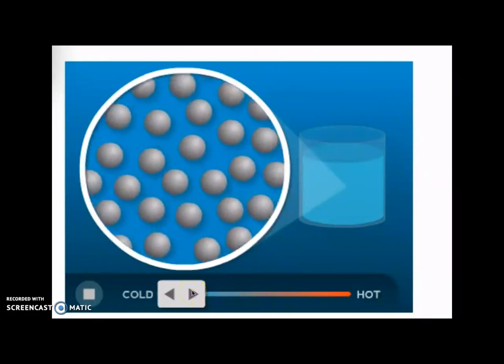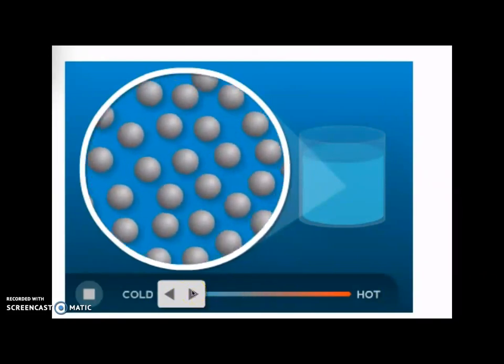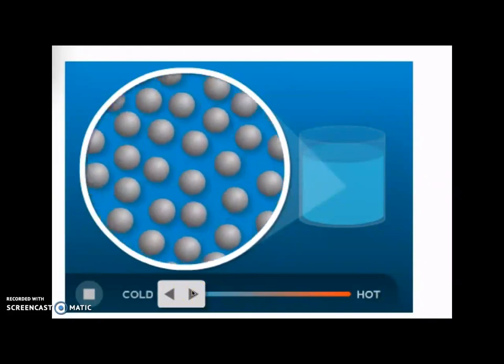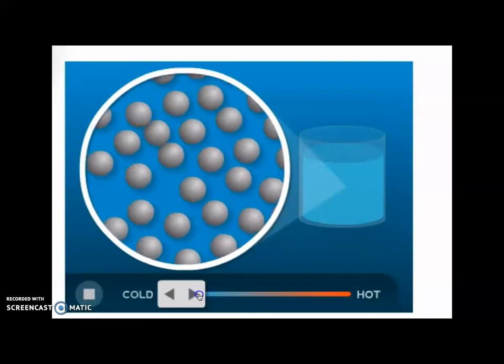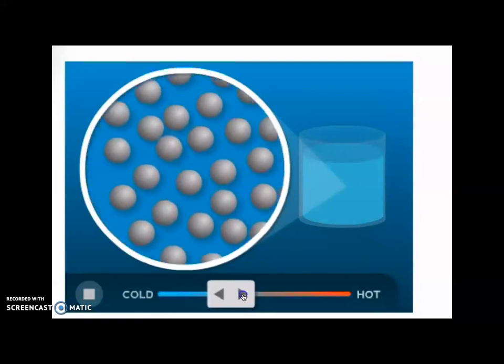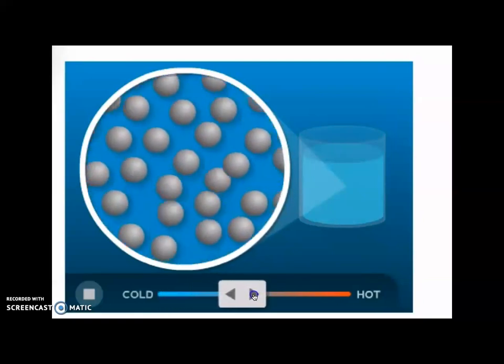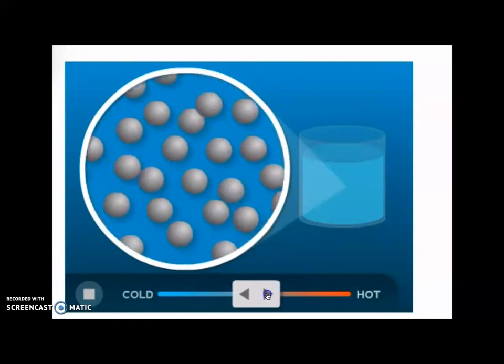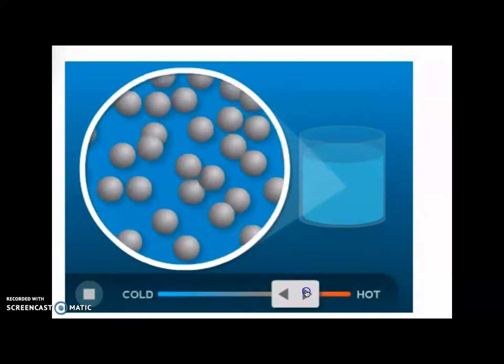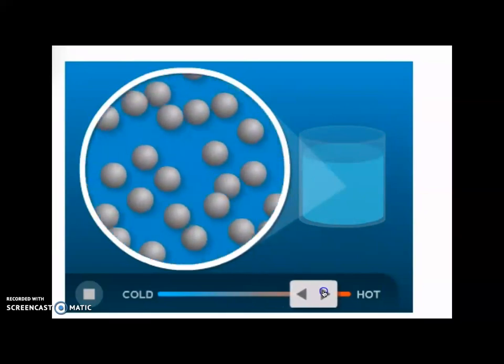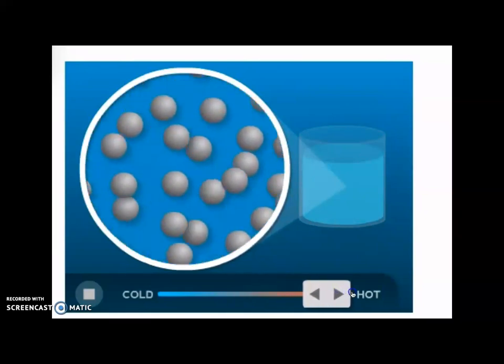So we can move the slider and observe how that changes the motion of the particles. As we heat this up, we see the molecules start to move faster and bump into each other, and we can see how the spaces between them are larger.